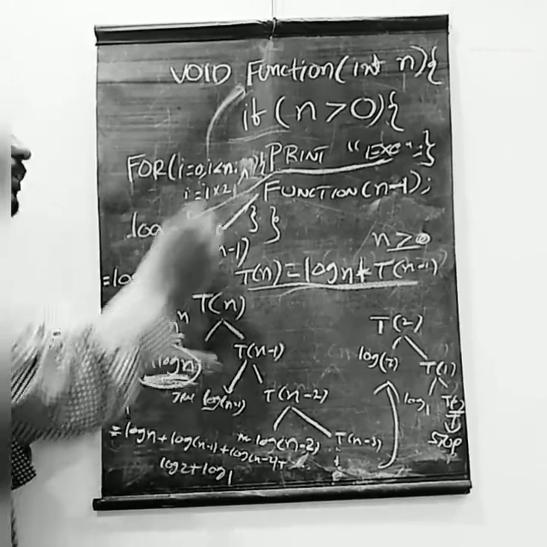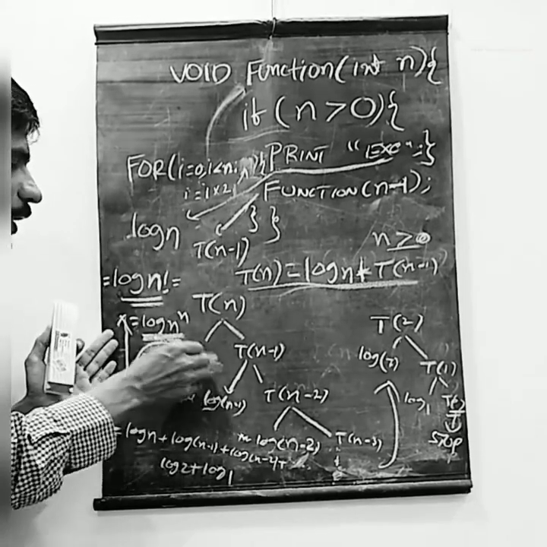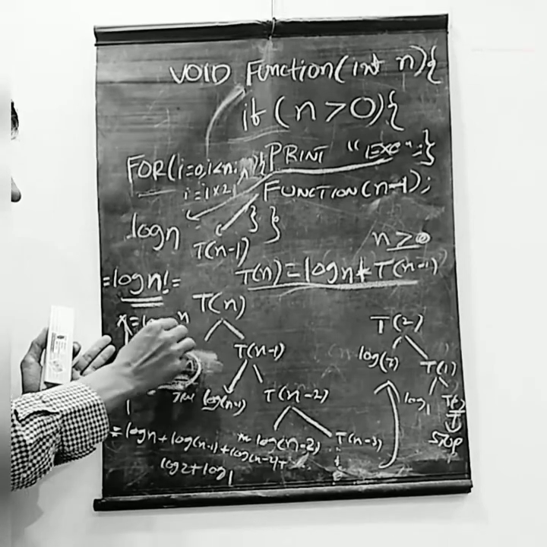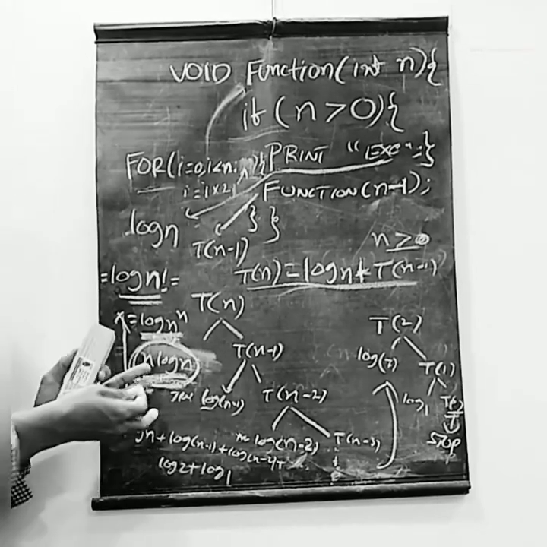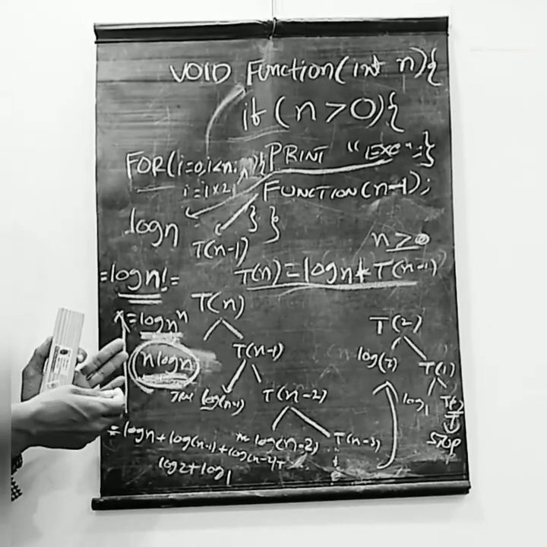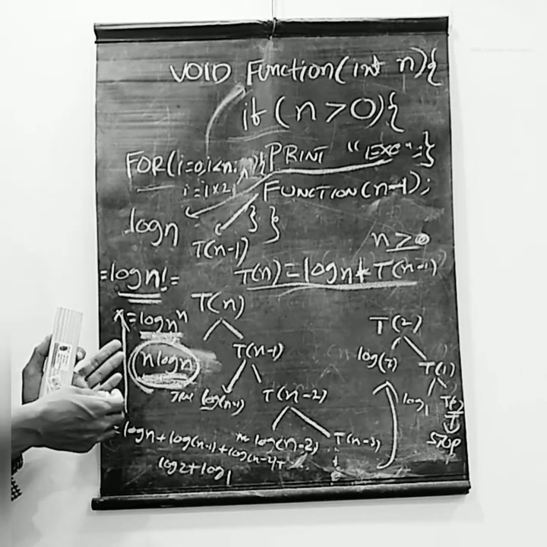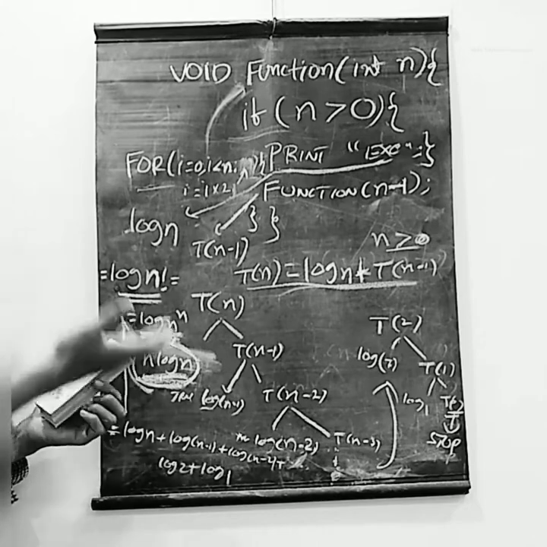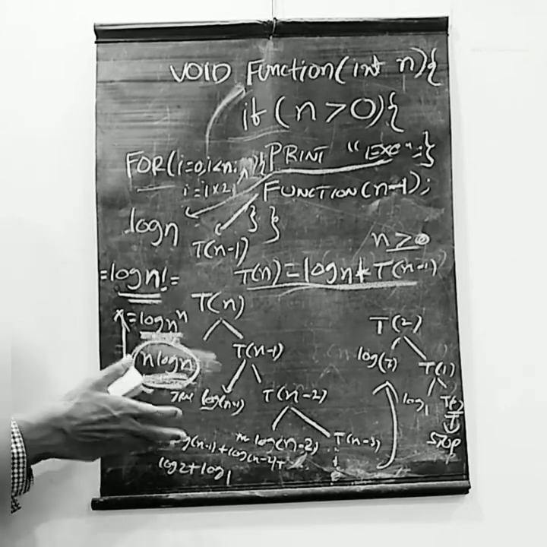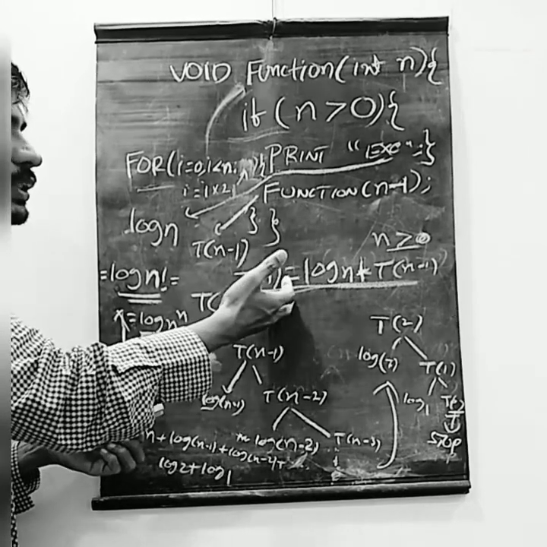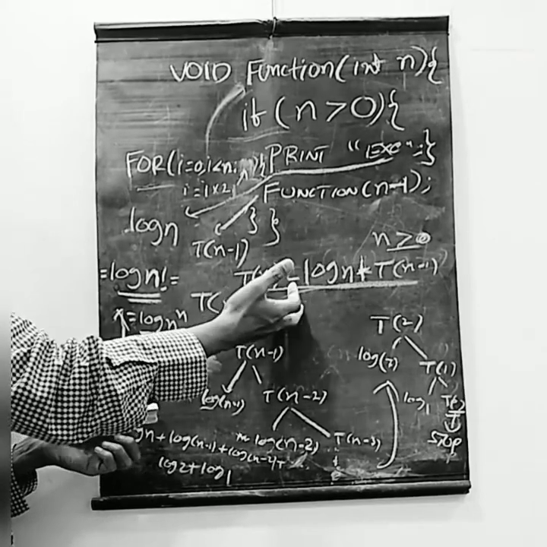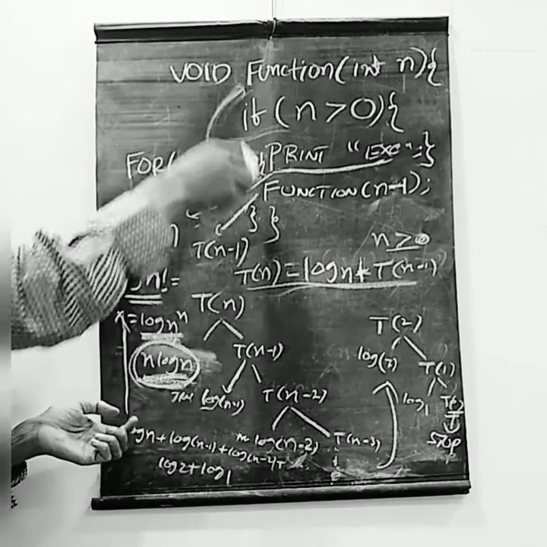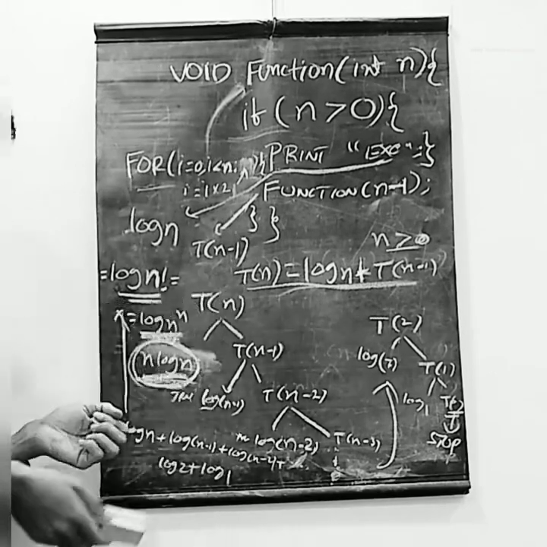So the complexity of this program is n log n, because I changed this for loop and we ended up here, right? This is the way we can calculate by using a recursive tree, and this is my recurrence relation. So this is the complexity of this recursive program.